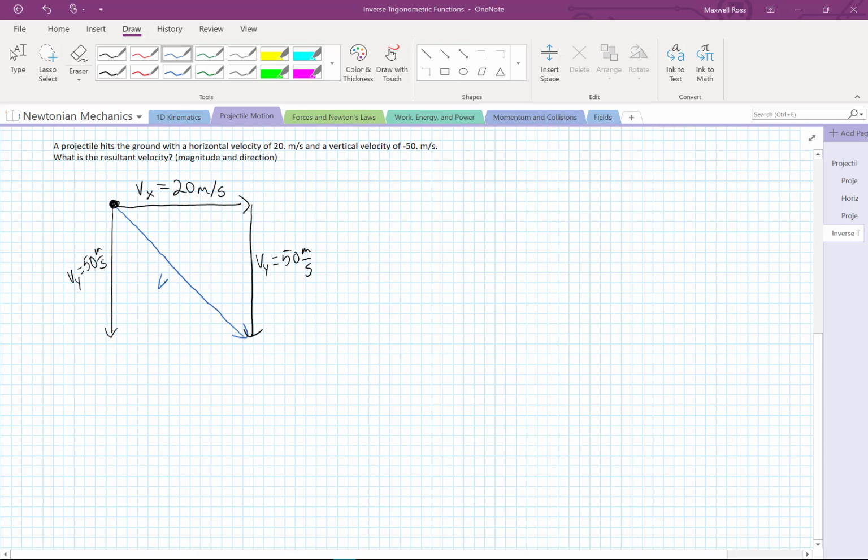Now we need to find the magnitude and direction of this resultant vector. The magnitude's easy enough. We can use the Pythagorean theorem. 20 squared plus 50 squared equals V squared. So V is just equal to the square root of 20 squared plus 50 squared.